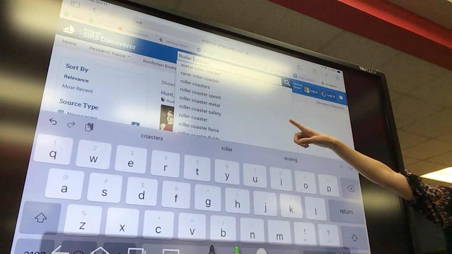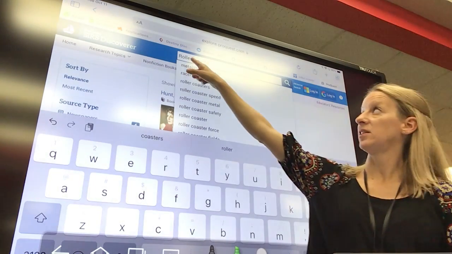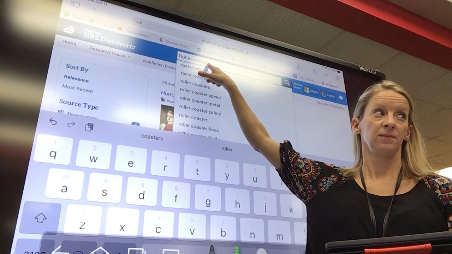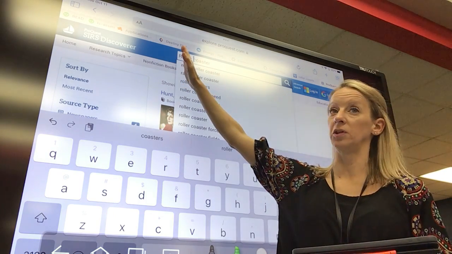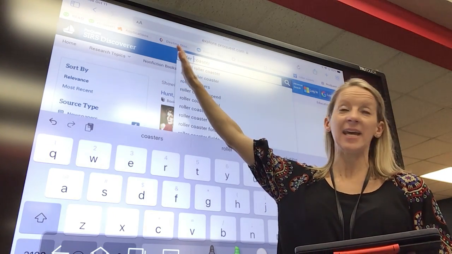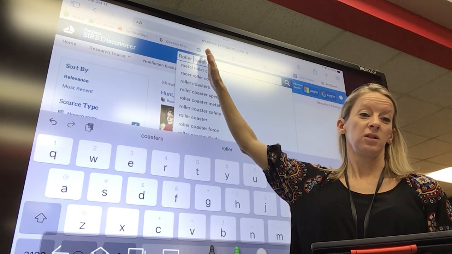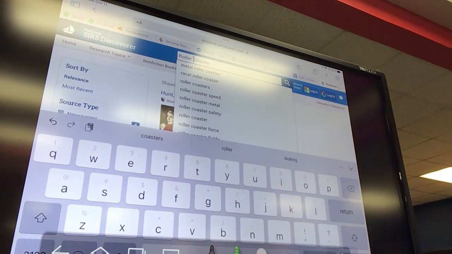So when I type in roller coaster, and see how this is two separate words? Do y'all see that? On Google, it's going to search roller as one thing and coaster. So that means, let me get a marker and see if I can explain this better. When you use the and Boolean operator, you have to capitalize all the letters in that word.